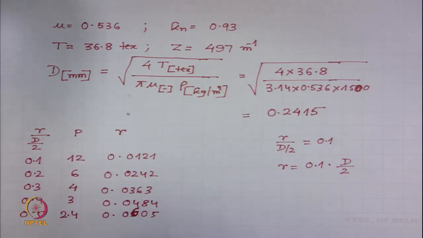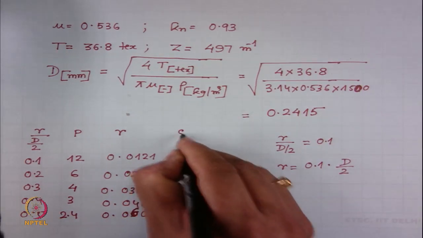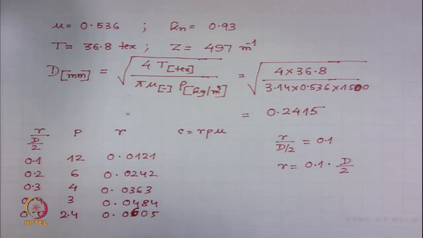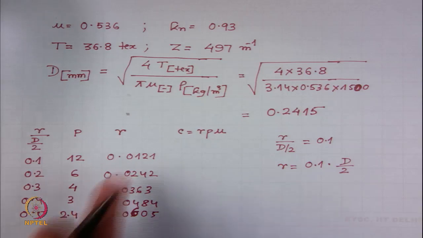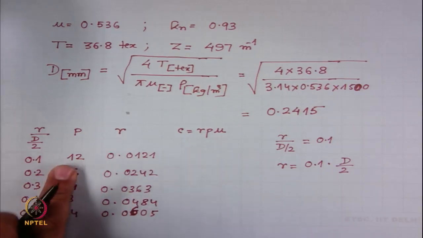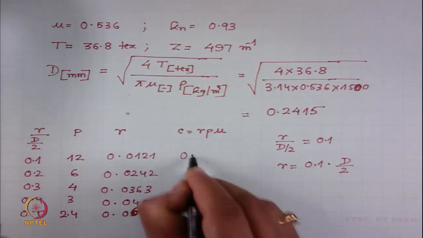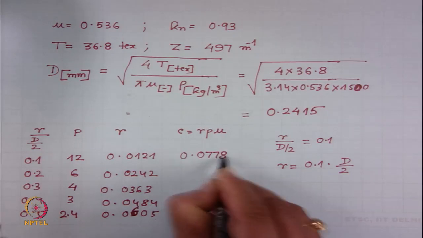Now, what was small c? It is R times P times mu in equidistant radial migration. We know R, we know P, we know mu. So, if we multiply these three, then we will get this value, 0.0778.